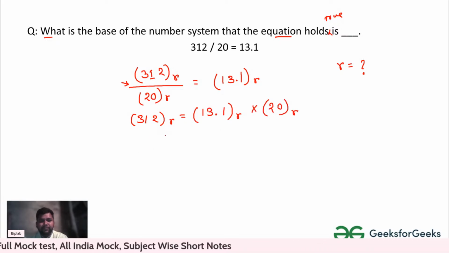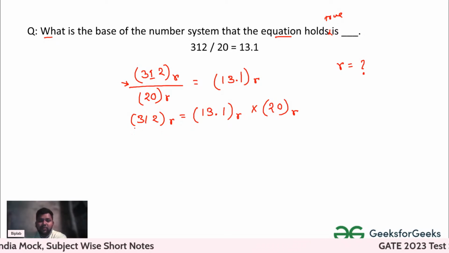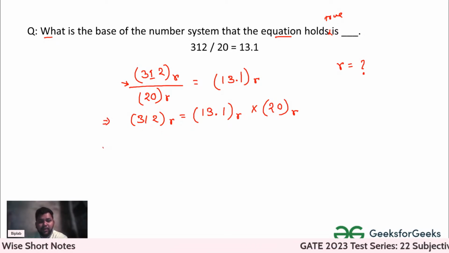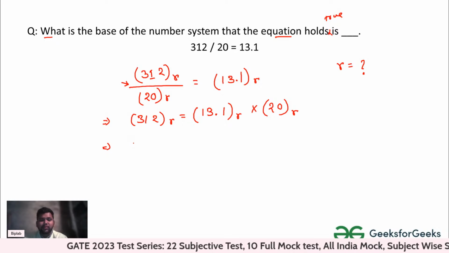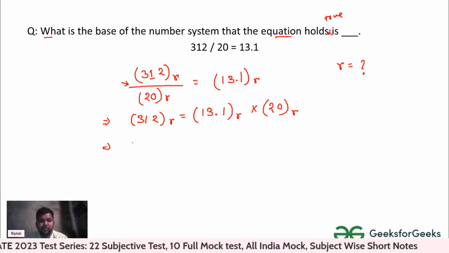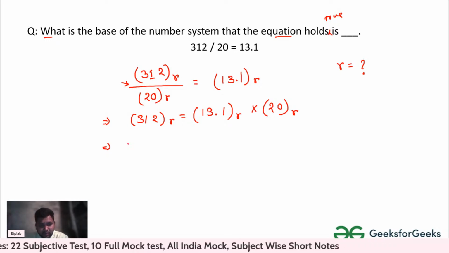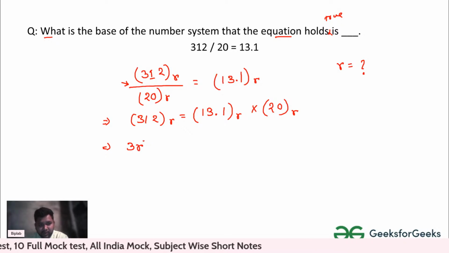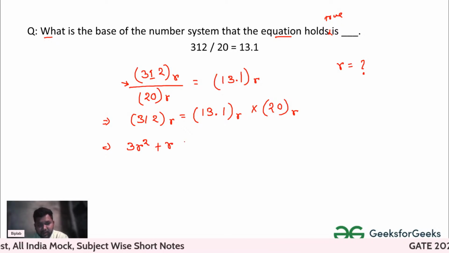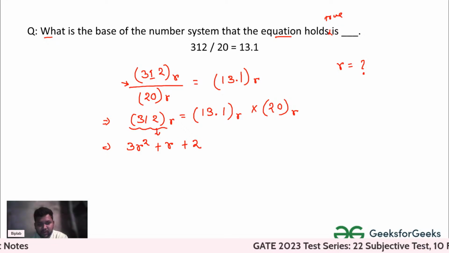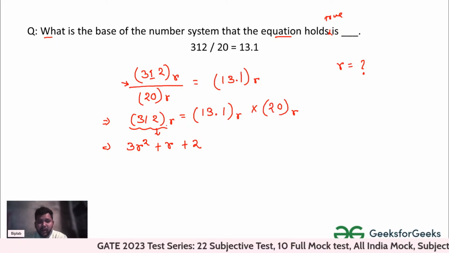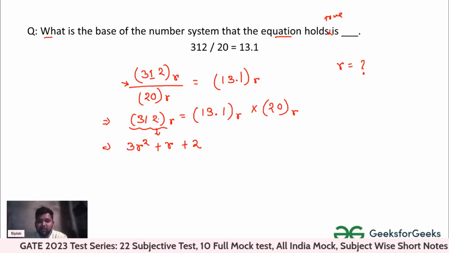Now let's convert the numbers into decimal, because that will be easier for calculation. That is 3r square plus r plus 2. Here r to the power 2 goes with 3, r to the power 1 with 1, and r to the power 0 with 2.